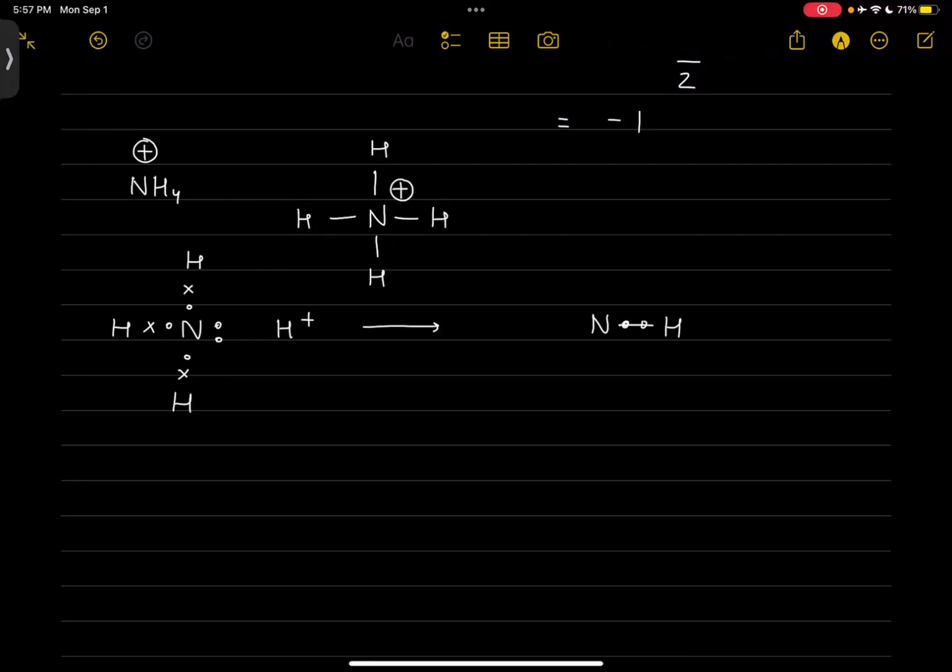Look, the nitrogen electron and the electron of the hydrogen, but both the electrons are given by nitrogen itself. Is it clear or not? So now the plus charge will be on the nitrogen. You can write it like this, or you can write it in this manner.